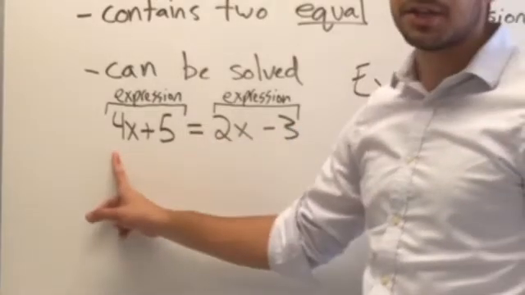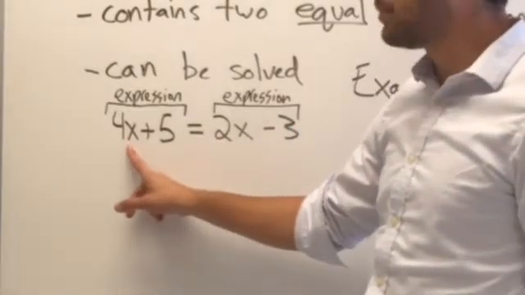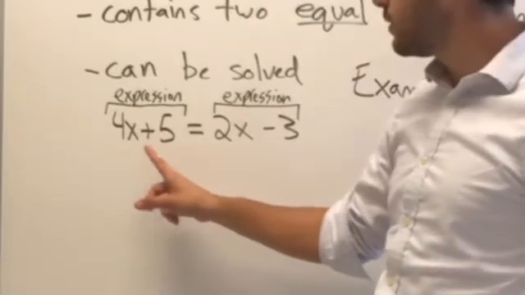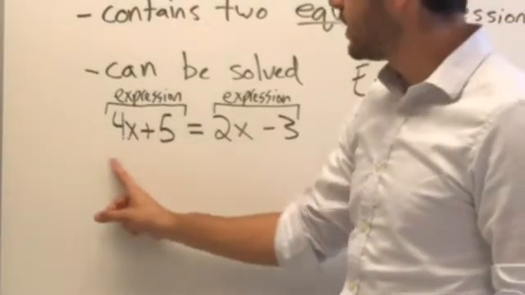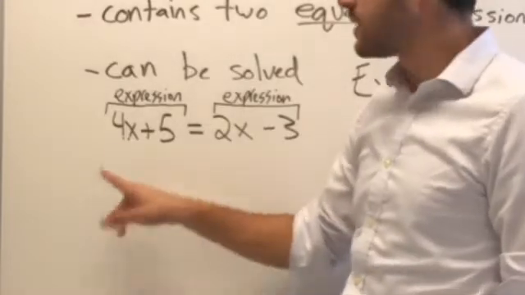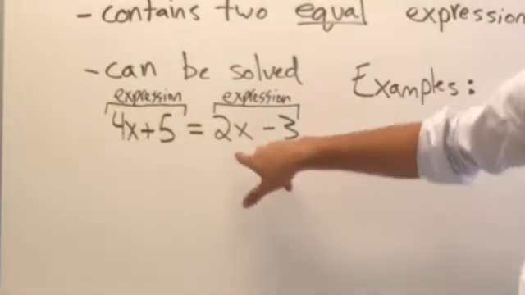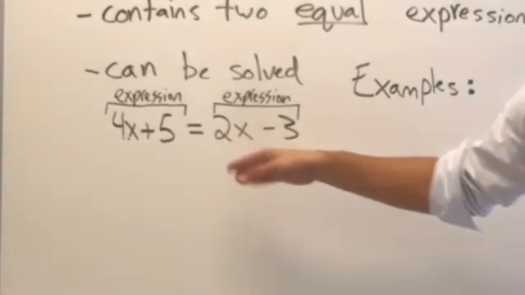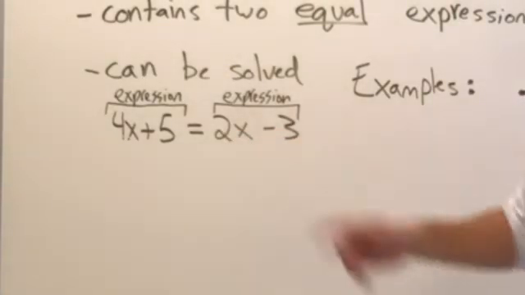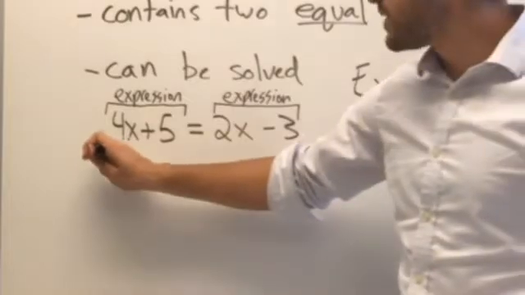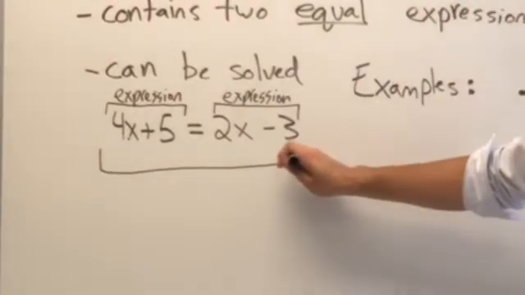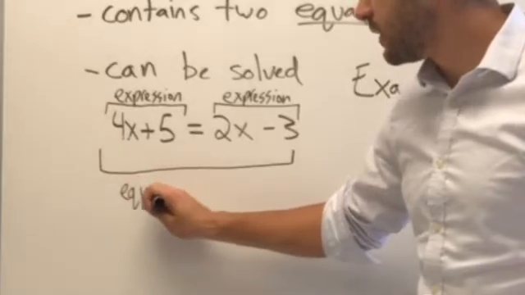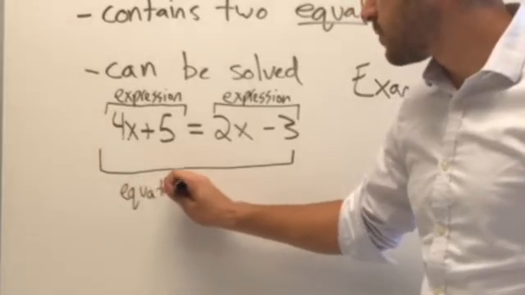This is the combination of the number 4 with the operation of multiplication with the variable x, the operation of addition with the number 5. It's a combination of numbers, variables, and operations. That's an expression. On the other side, we have another expression, 2 being multiplied with the variable x, and then subtracting the number 3. When we say that these two are equal, that's when we get an equation. The whole thing is an equation.